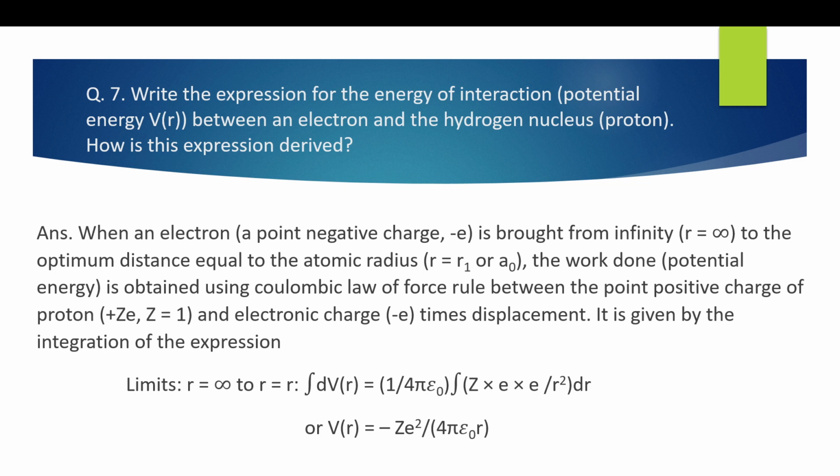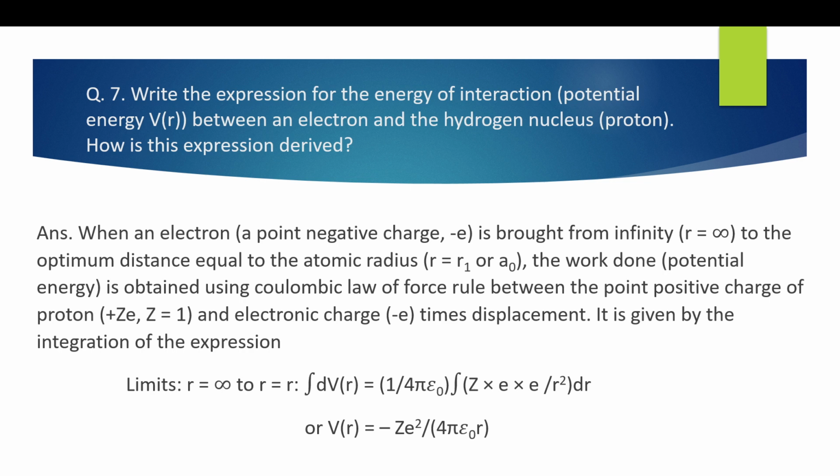Question 7. Write the expression for the energy of interaction between an electron and the hydrogen nucleus, proton. How is this expression derived? We very often use this expression, V(r) equal to minus Ze square over 4 pi epsilon 0 r. In this video, we will learn how to derive this equation.